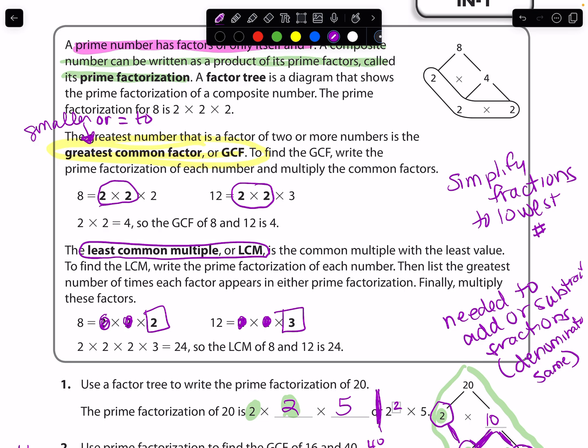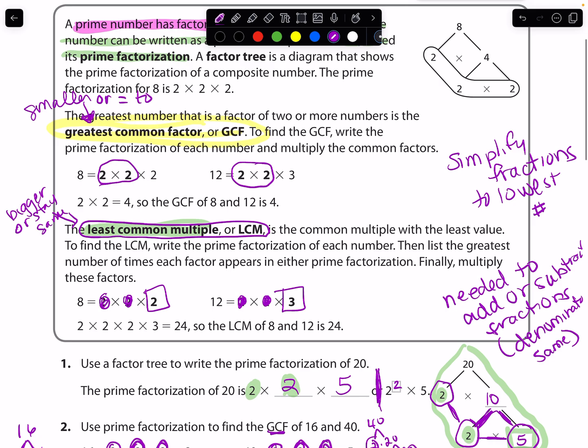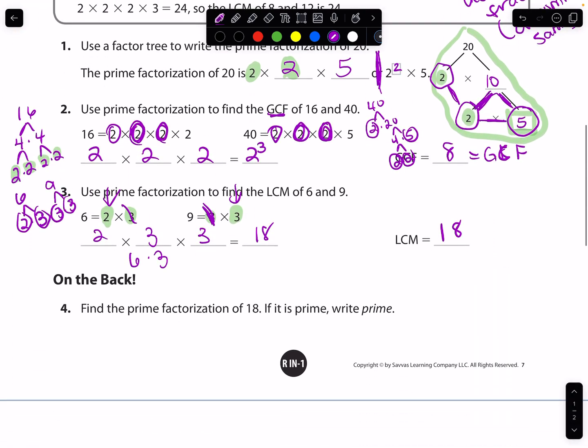In complete opposite of that, the least common multiple is going to get bigger or stay the same. That's because in order to get a least common multiple, one number has some in common with the other, but they both have leftovers that you still have to add on. Those are things that I do to help me remember. You'll want to keep this paper somewhere while you're doing the homework. Now we're going to do a couple of problems on the back, so ignore that.